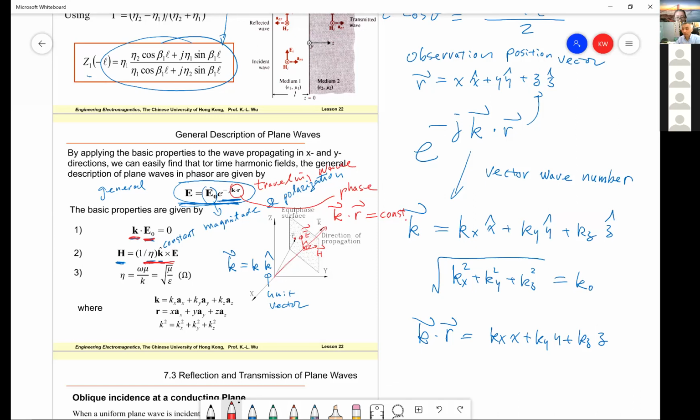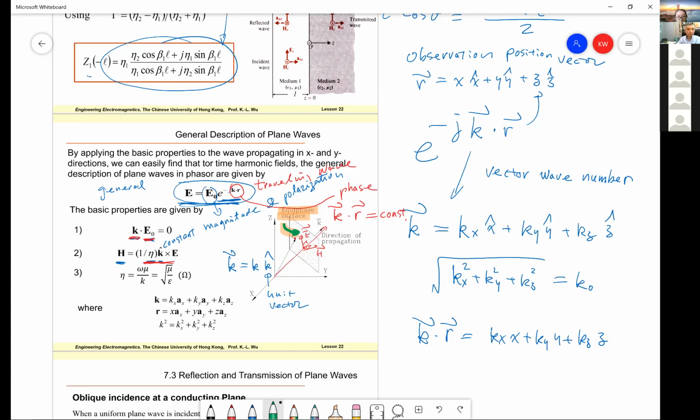This is a plane equation, the general plane equation, right? So when the phase equals a constant, the point always exists in a plane. So this is the equal phase plane.